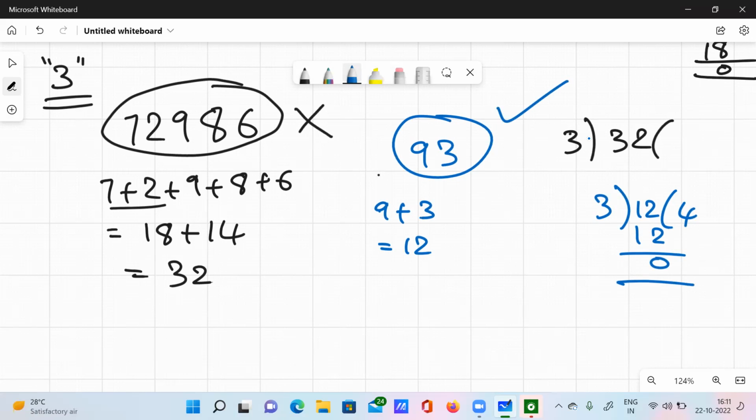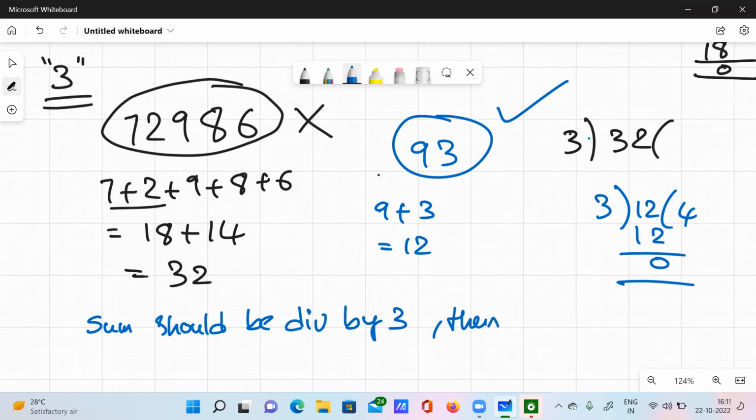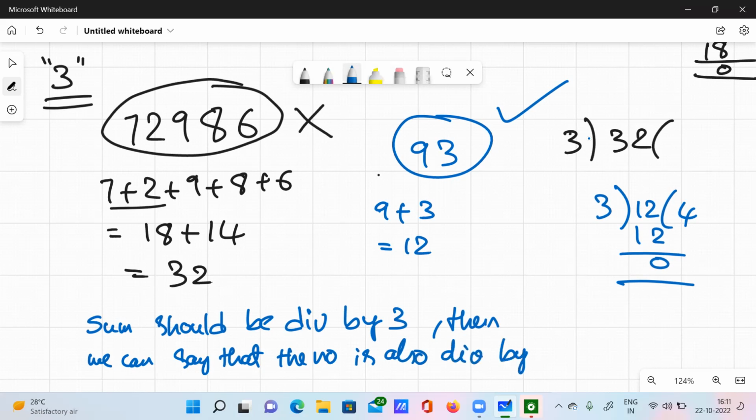So the rule is the sum should be divisible by 3. Then we can say that the number is also divisible by 3, right?